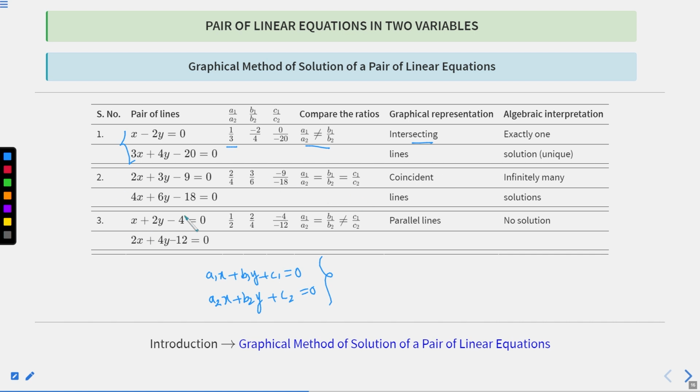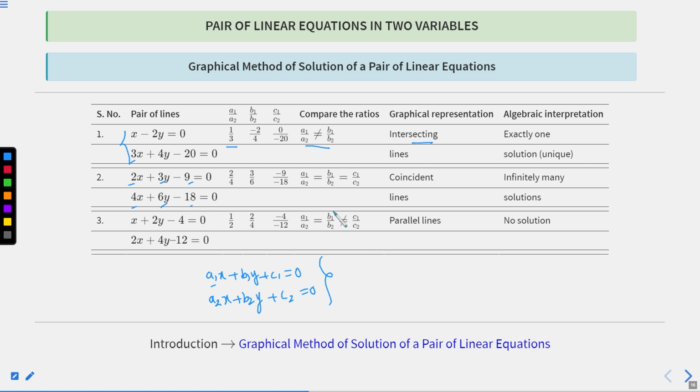Now if you see the second example, here we have 2x plus 3y minus 9 is equal to 0 and 4x plus 6y minus 18 is equal to 0. If we compare this pair with the general form, we get A1 is equal to 2, A2 is 4, B1 is 3, B2 is 6, C1 is minus 9 and C2 is minus 18.